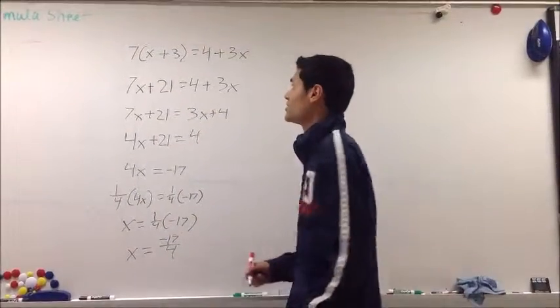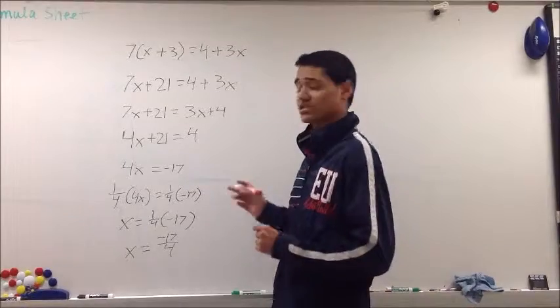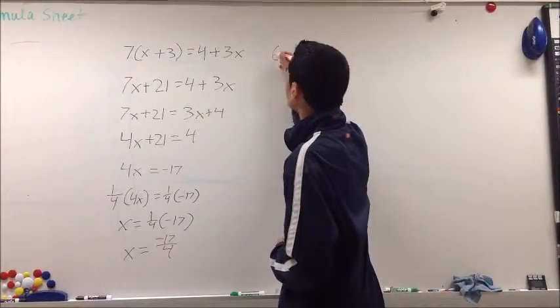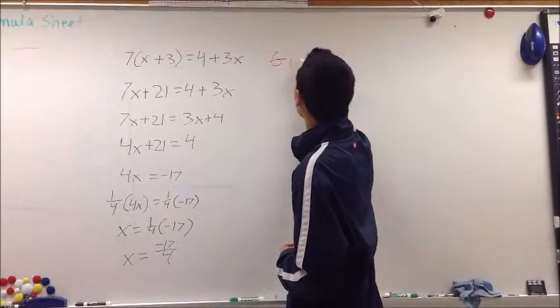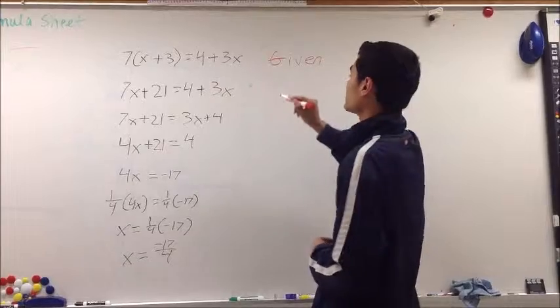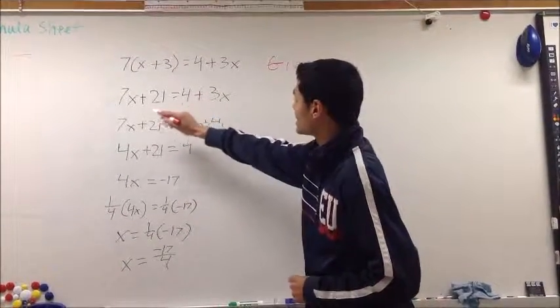Alright, now it's time to determine which property justifies each step on the equations listed on the board. So first we have the given equation, which is 7 times (x plus 3) equals 4 plus 3x. Now, in the next step, we have 7x plus 21.